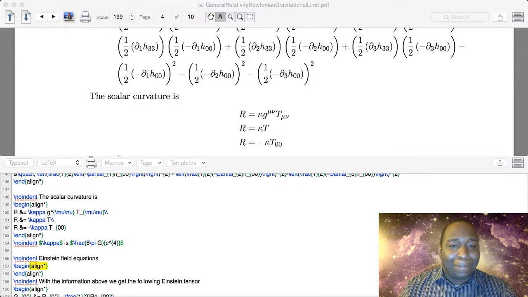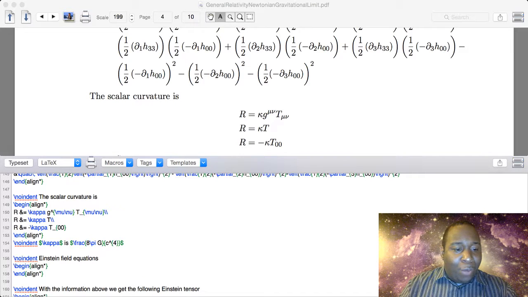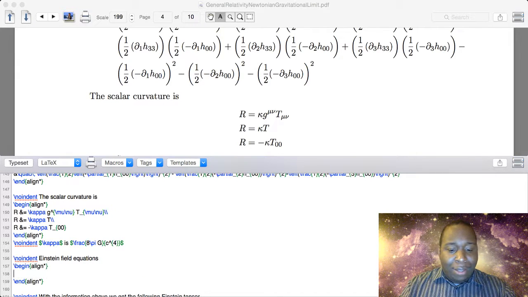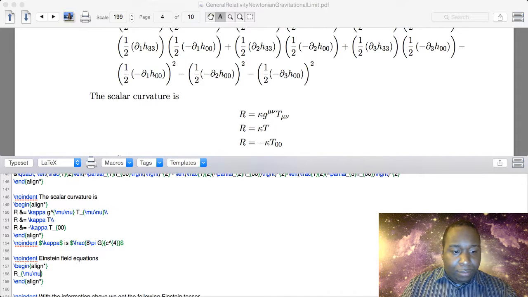So this other form that we can rewrite the Einstein field equations in terms of is that we'll now get that R sub mu nu is going to be equal to, it's already kappa.